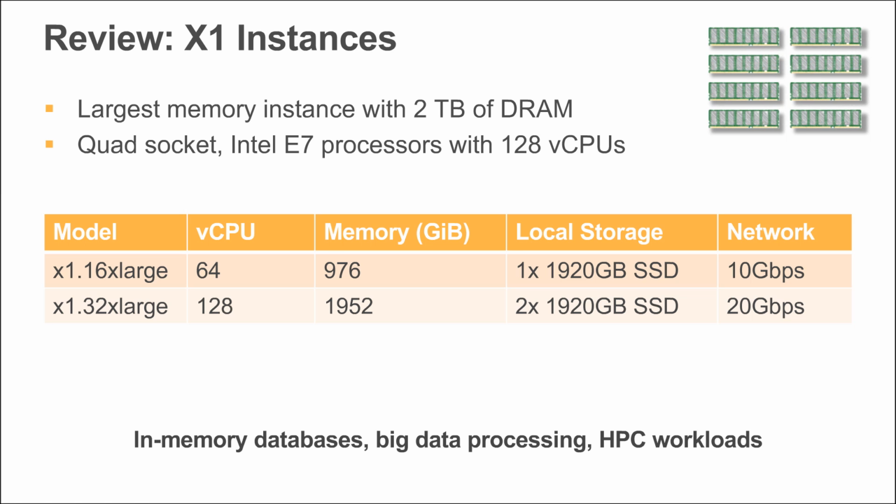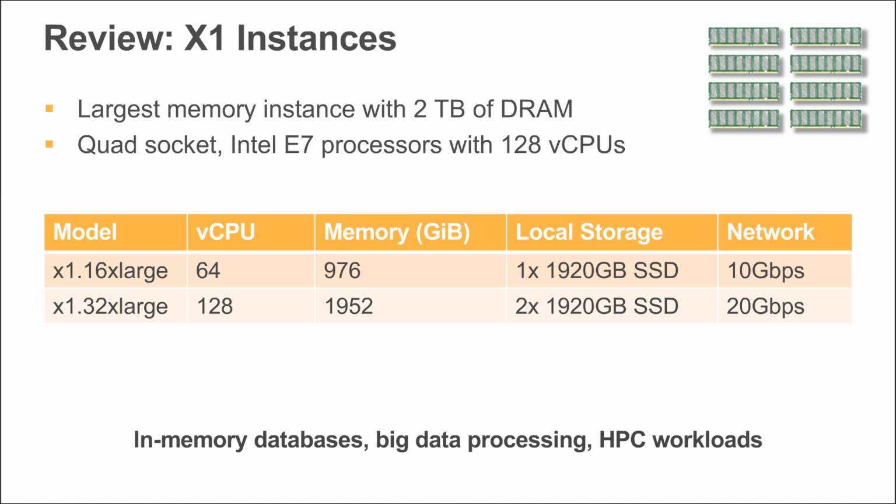Another instance that we recently launched is the X1 instance. And the X1 is really cool because it's the largest instance that we have on AWS today. With the X1 family of instances, you can get up to 2 terabytes of RAM and 128 virtual CPUs all on the same machine. It's a great fit for apps that have a huge memory footprint and require that all to be located on a single instance.